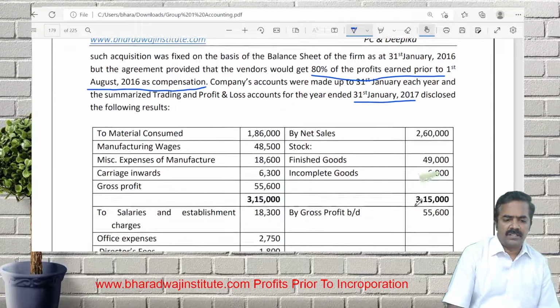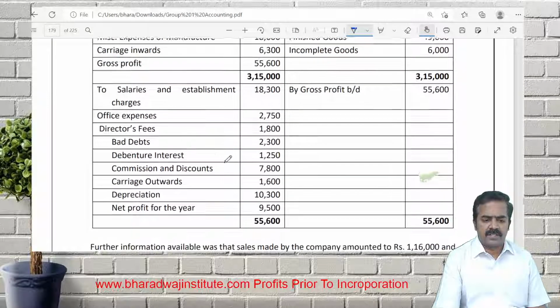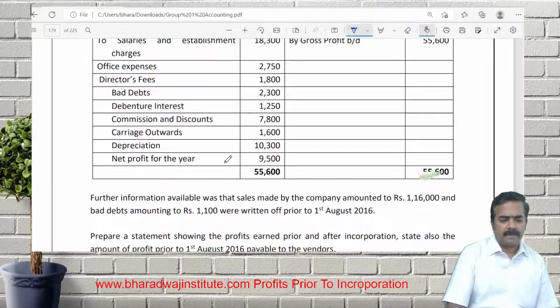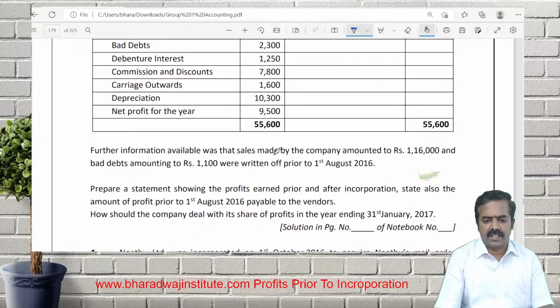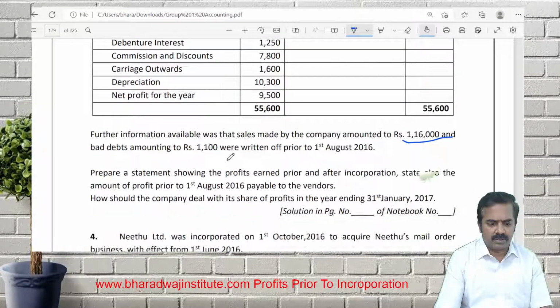They have given wages, material consumed, manufacturing expenses, gross profit, salary, office expenses, directors' fees, bad debts, debenture interest. Carriage inwards, all those things are given to us. Net profit is given to us. Further information: the sales made by the company amounted to how much? 1,16,000 is given.